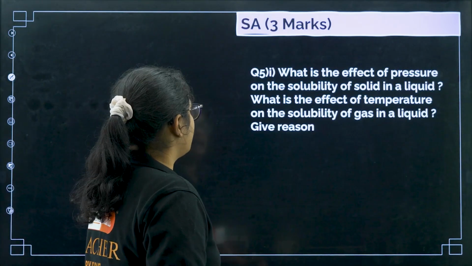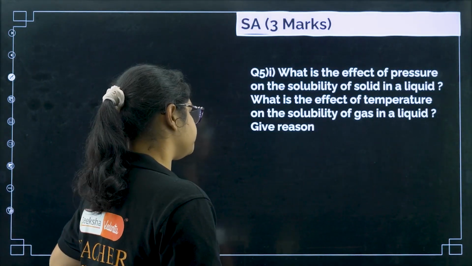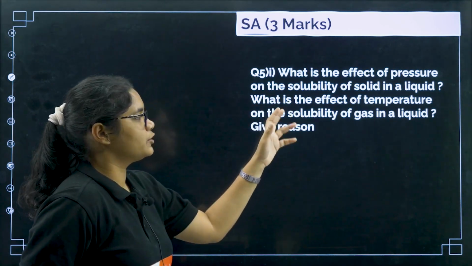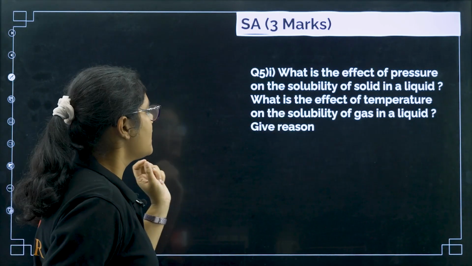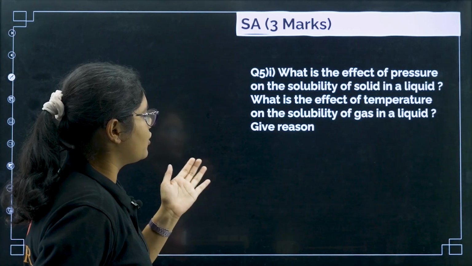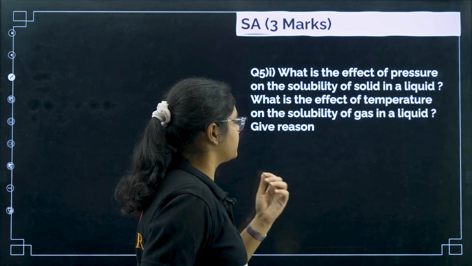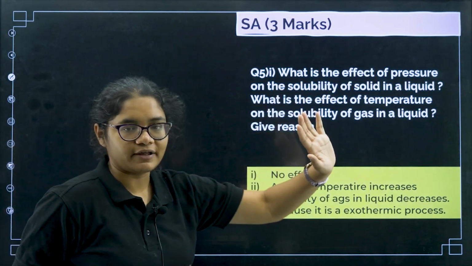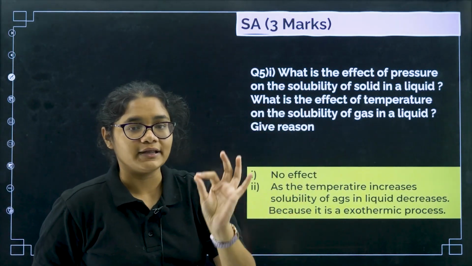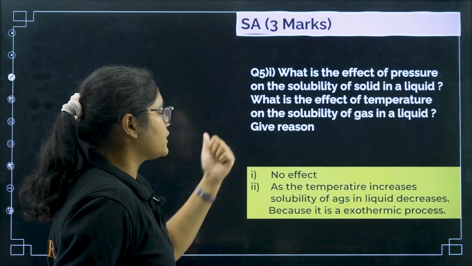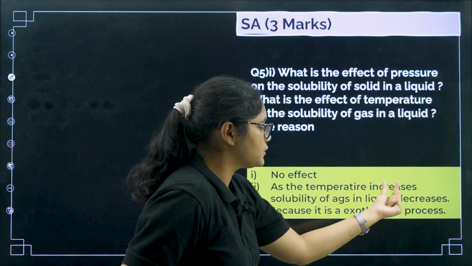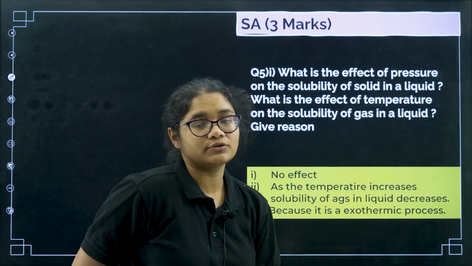Next, question number 5. What is the effect of pressure on the solubility of a solid in a liquid, and what is the effect of temperature on the solubility of a gas in a liquid? Give reason. First of all, pressure has no effect on the solubility of a solid in a liquid. Talking about gas, as the temperature increases, the solubility of the gas in liquid decreases because it is an exothermic process.